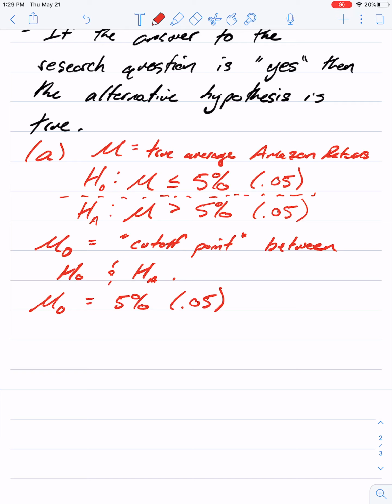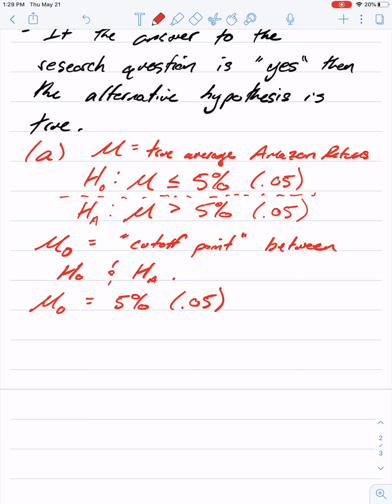Another thing that's good to point out: the null hypothesis always includes equality. So that's why I drew this little line for less than or equal to. That always is in the null hypothesis. We can't put that also in the alternative hypothesis because that would cause a problem. That would lead to overlap.